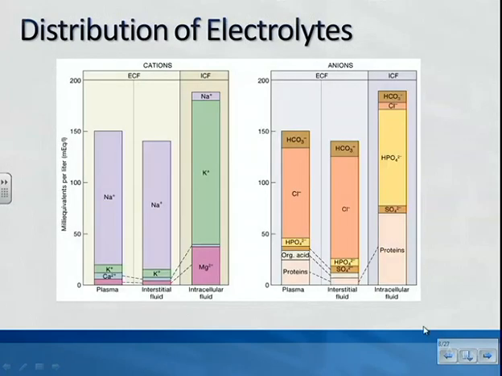All right. So, as a reminder about the electrolytes, this is going to be important very soon. You should know which electrolytes are found in heavier concentration outside or inside the cells. There's two of them that are very important for me right now that you remember: sodium and potassium.